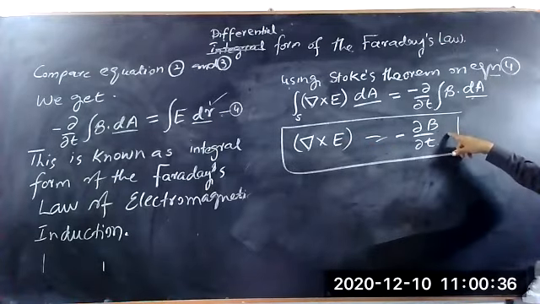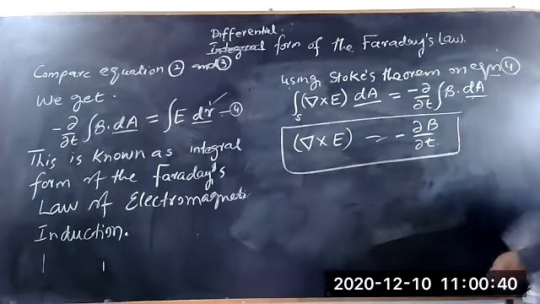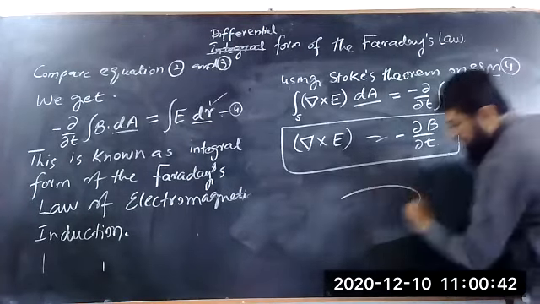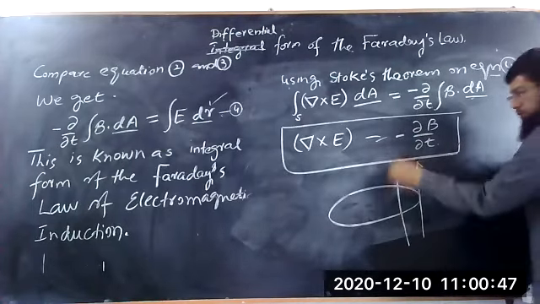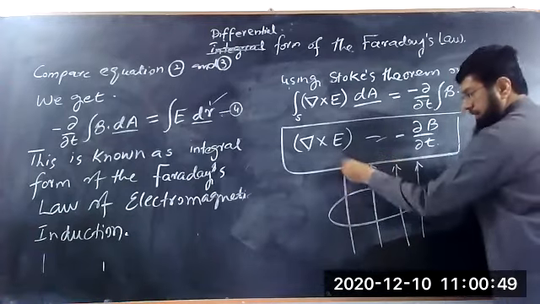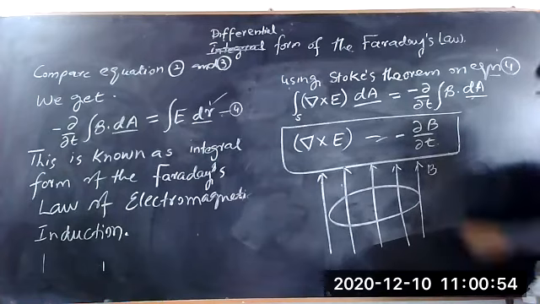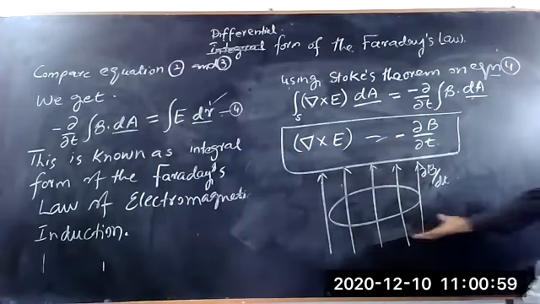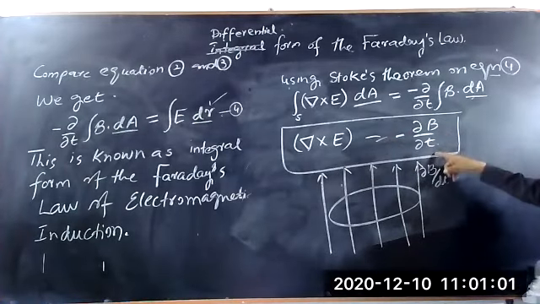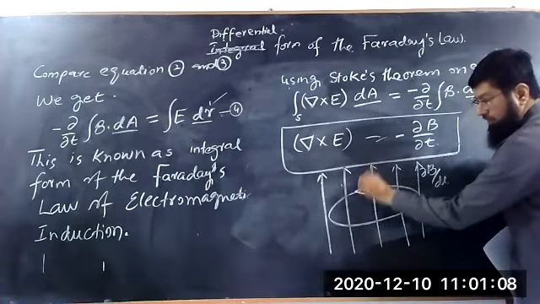change of magnetic field. It means if we have a coil like that, a wire like that, and the magnetic flux B through this wire is changing with time, as a result it will create a rotation of the electric field.